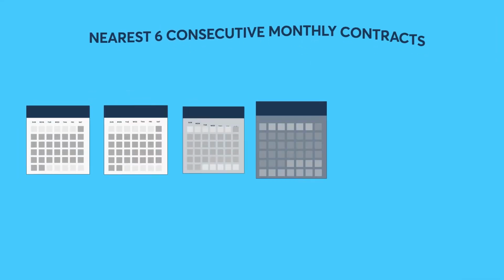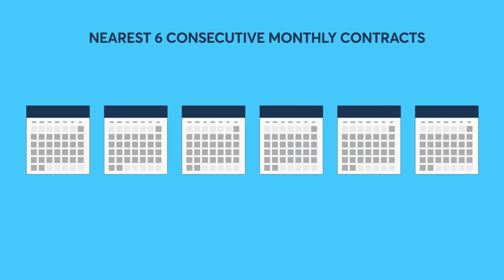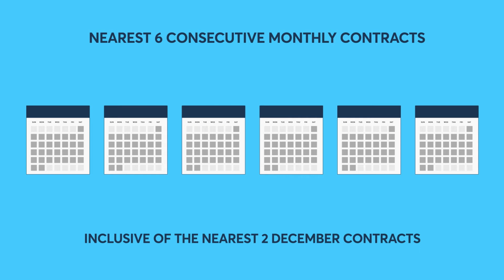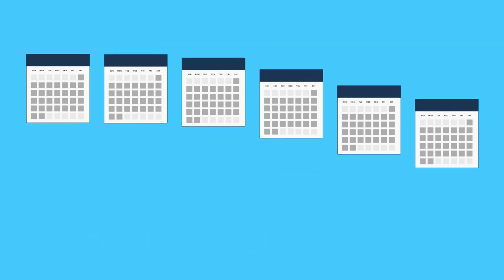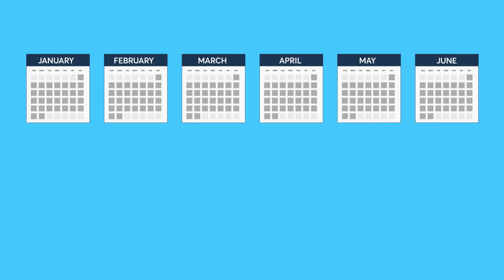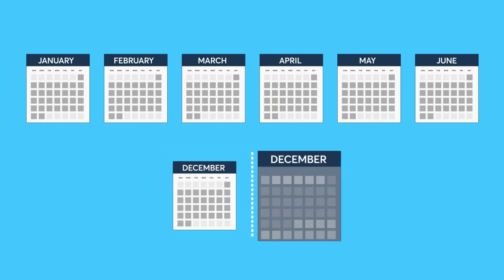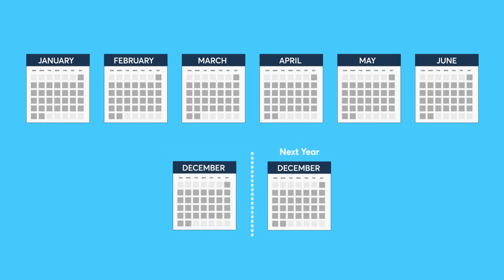Micro Ether futures are listed on the nearest 6 consecutive monthly contracts, inclusive of the nearest 2 December contracts. For example, assume it's January and the 6 consecutive contract months are January, February, March, April, May, and June. In addition, that year's December contract plus next year's December contract will also be listed.